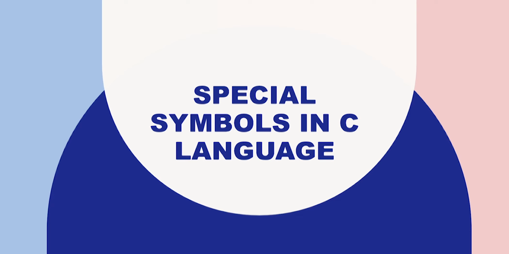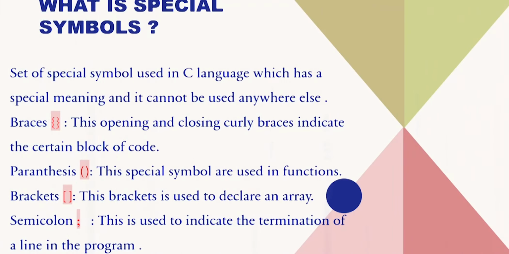Now moving on to special symbols in the C language. So what is a special symbol? As we know about keywords, a keyword is a special word which has a particular meaning. Here also, the symbols used in the C language have a particular meaning.